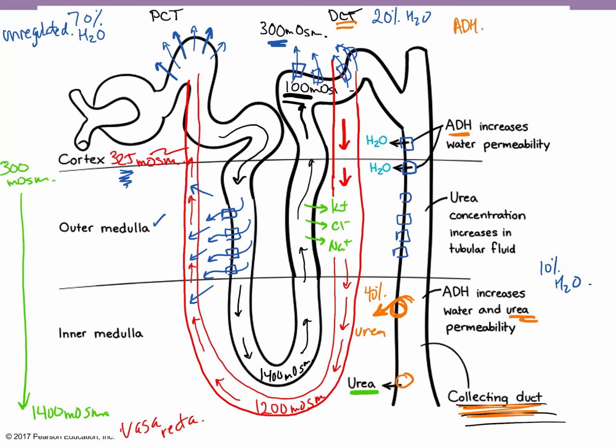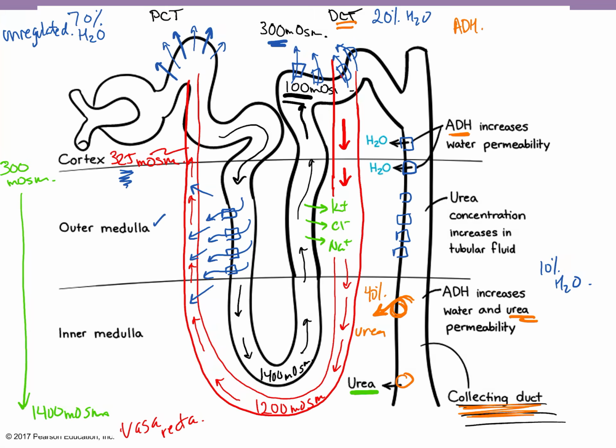It's very, very hypoosmotic, very dilute. If you did not make or secrete ADH, that really dilute 100 milliosmolar fluid will leave your body as is. And that's going to severely dehydrate you.